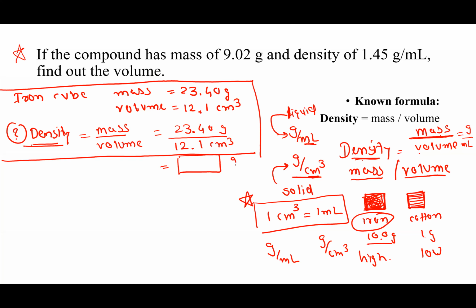The unit is going to be gram per centimeter cube. Does it make sense? This is how you can find out the density. If you want to find out the density, you need to know the mass and you need to know the volume. If you have those two numbers, you simply plug in the values in the formula and you get the answer. Does everybody understand this part?